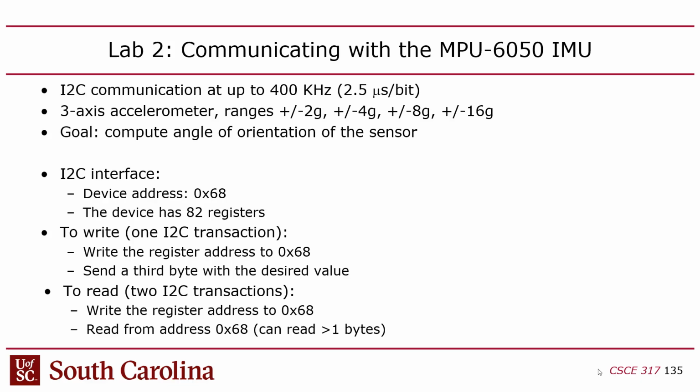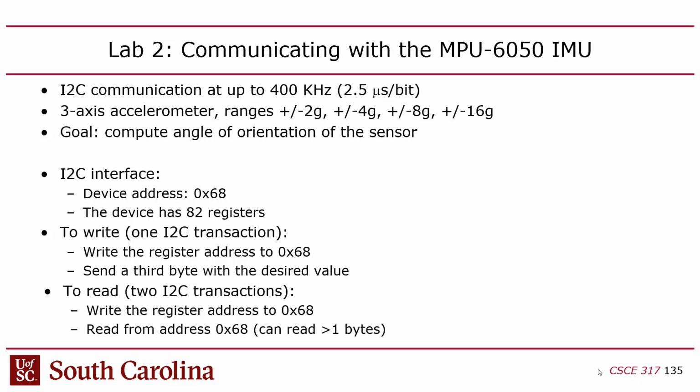Does that make sense? So what happens if the slave has multiple registers? I only have 7 bits of address. I can't use the address for both targeting a specific slave and then a register within that slave. That's where things get a little weird.